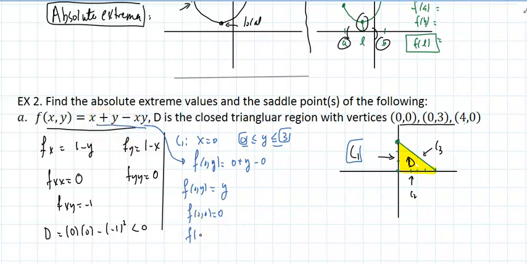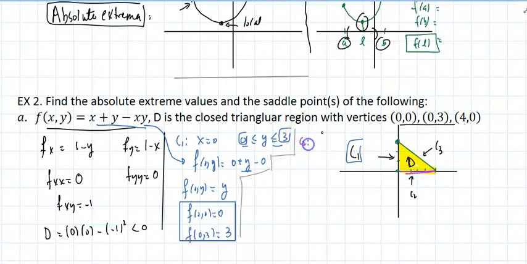And f of 0, 3 would be a 3. Now I have 2 values to put on the side and wait and see if there's something higher or something lower. If I go along with this path, those are the easiest two paths.